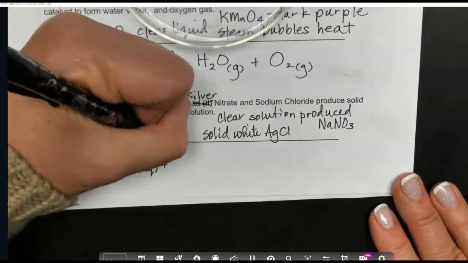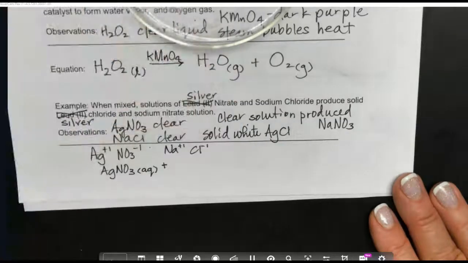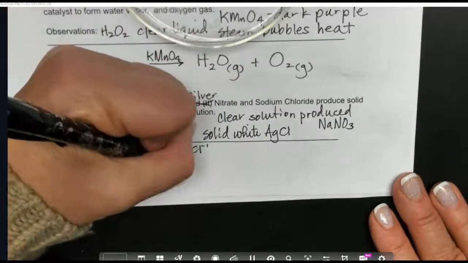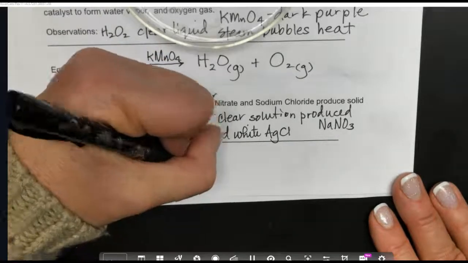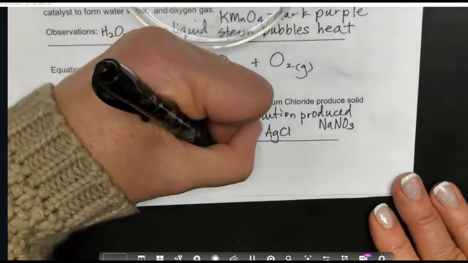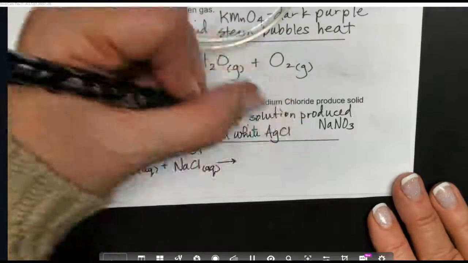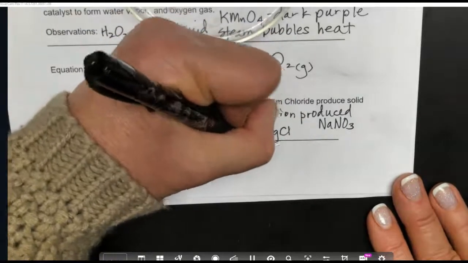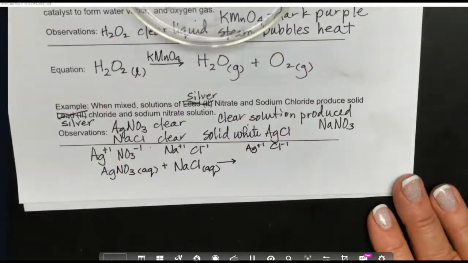To figure out sodium chloride, that is going to be Na1+ and Cl1-. So again, my charges cancel, so I have NaCl, and that was also a solution, so I'm going to show it as aq. And then we formed that white solid, which was AgCl, and that came from the combination of two ions, Ag1+ and Cl1-.